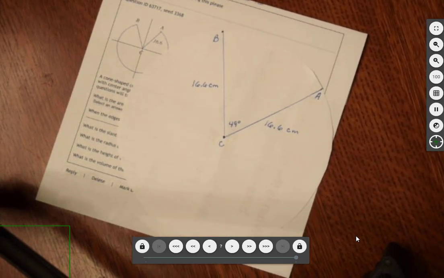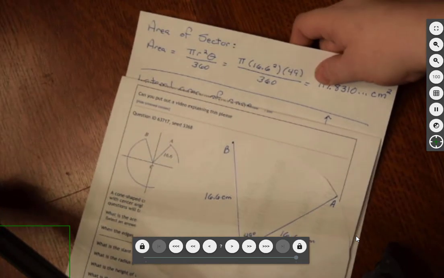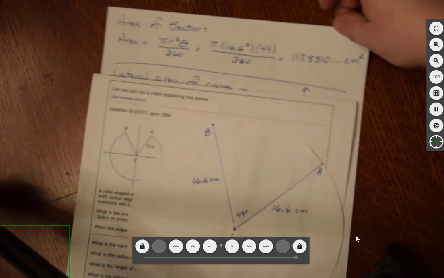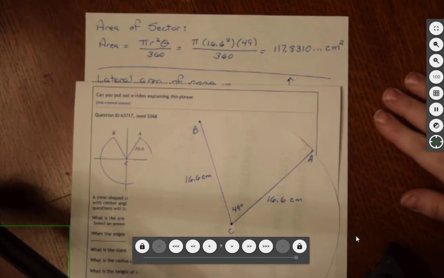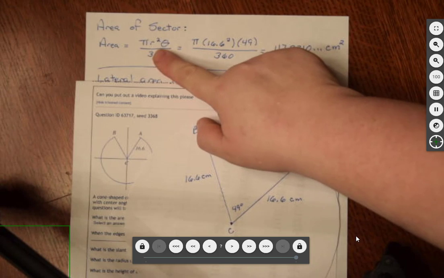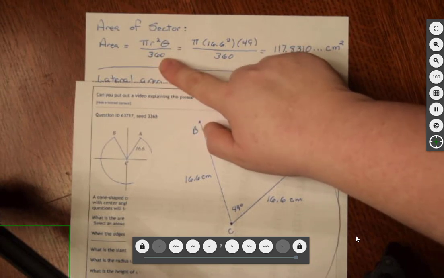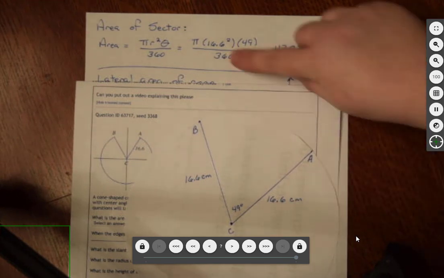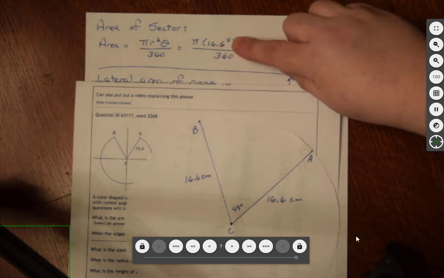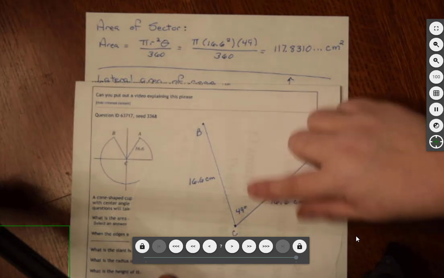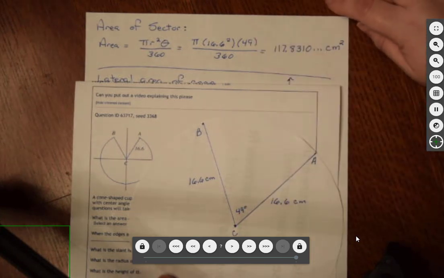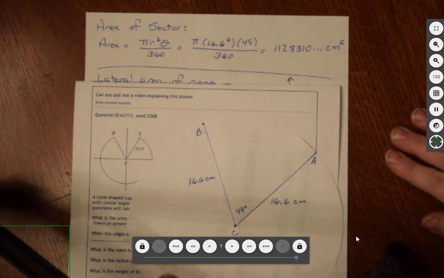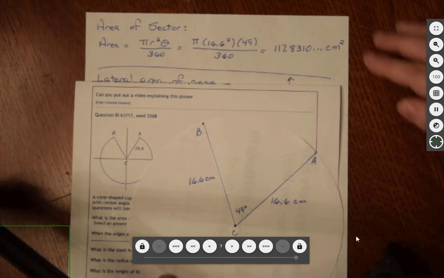Well, we know that the area of a sector is pi r squared times theta divided by 360. So our radius is 16.6 centimeters, plug that in. Our central angle is 49 degrees, plug that in. And we'll get 117.8310 and so on square centimeters.